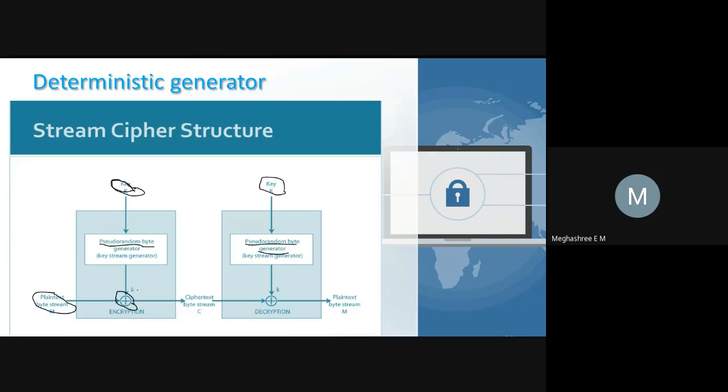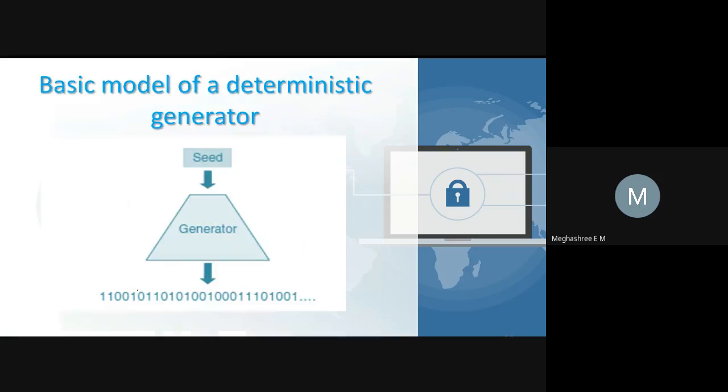That's why the key we use for encryption or decryption should be secret, and it should be random in nature. Actually, generating true random numbers is very expensive, so that's why we go for a deterministic generator, where you can follow n number of algorithms to generate pseudo-random numbers. That is all about this example.